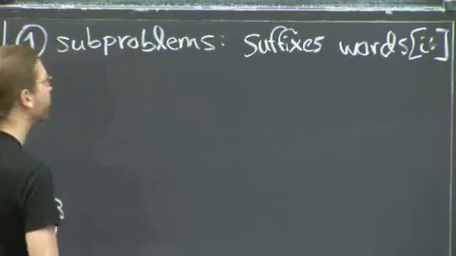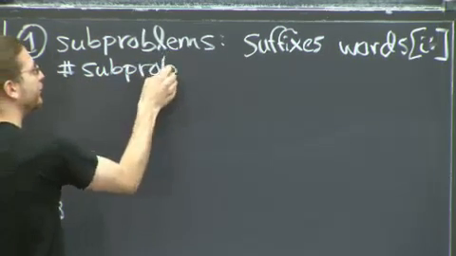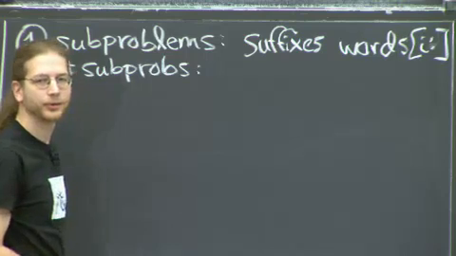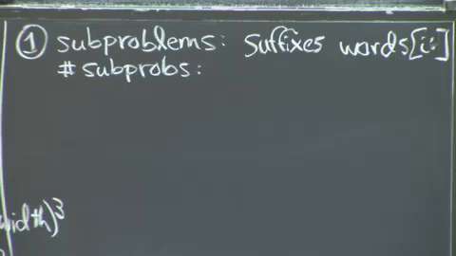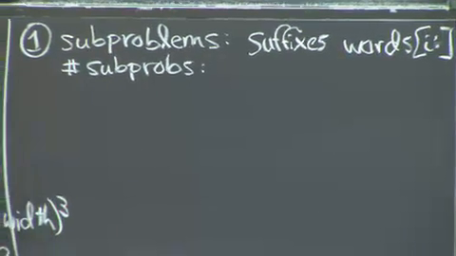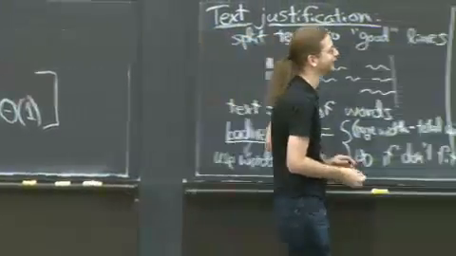Okay, how many subproblems are there? If I have n words, 2? Sorry? 2 to the n? That would be a problem if it was 2 to the n. I hope it's only n.